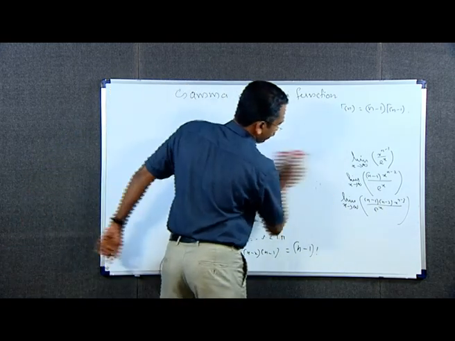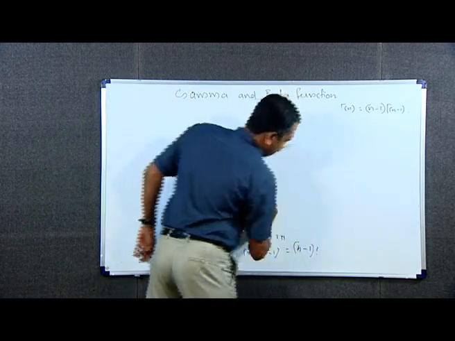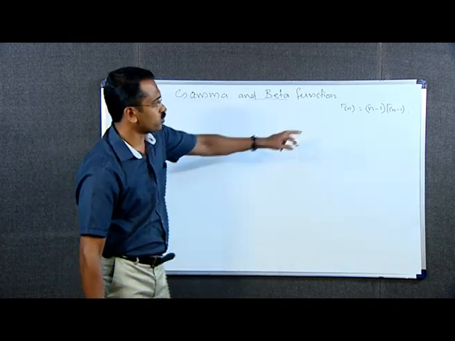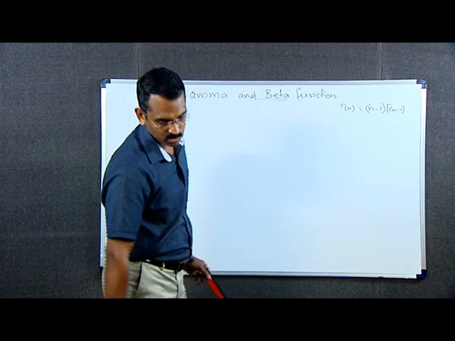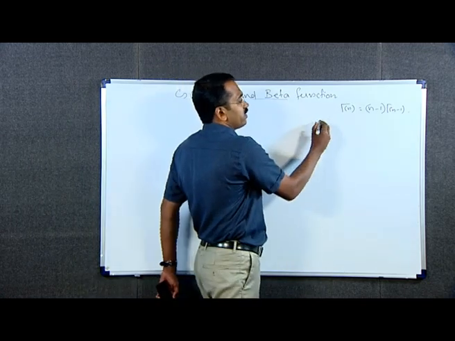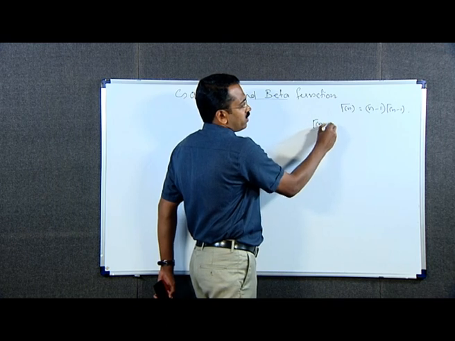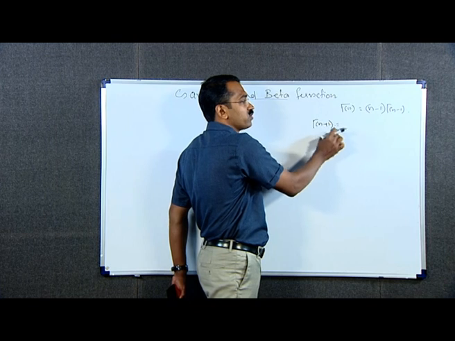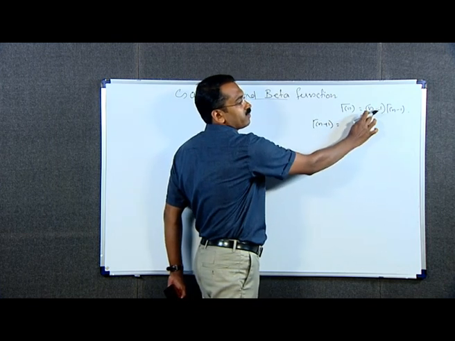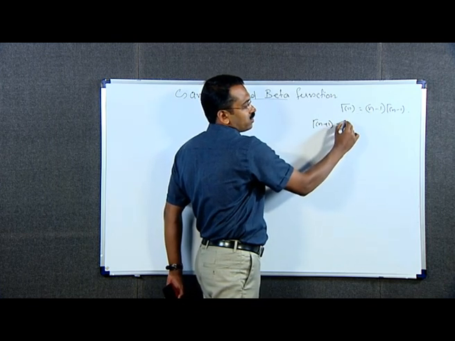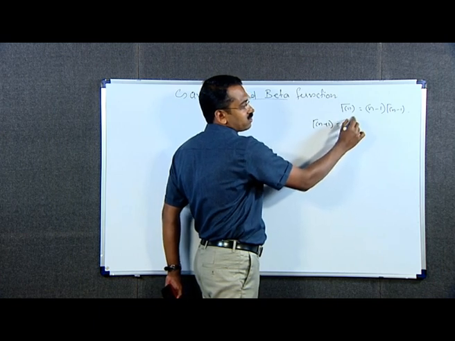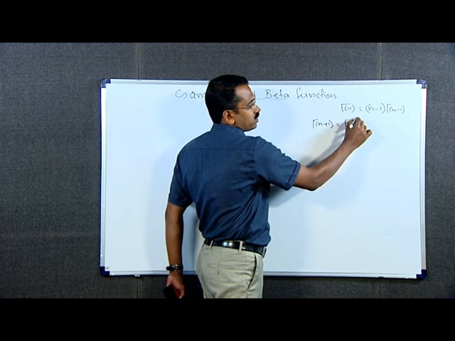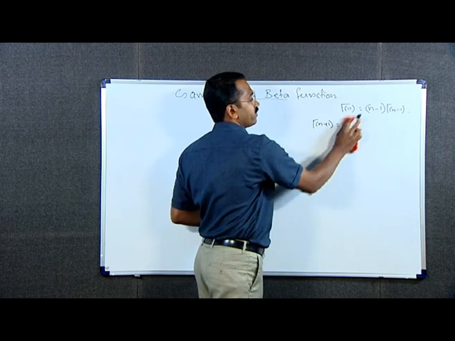Note that from this recurrence relation, gamma n is equal to n minus 1 into gamma n minus 1. We can write gamma n plus 1 by just replacing n by n plus 1. Therefore, this term is n plus 1 minus 1, that is n into gamma n.